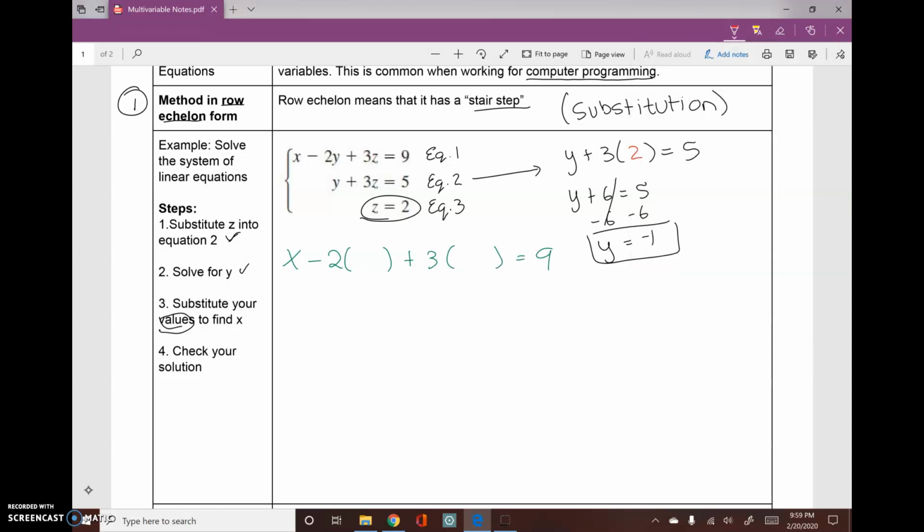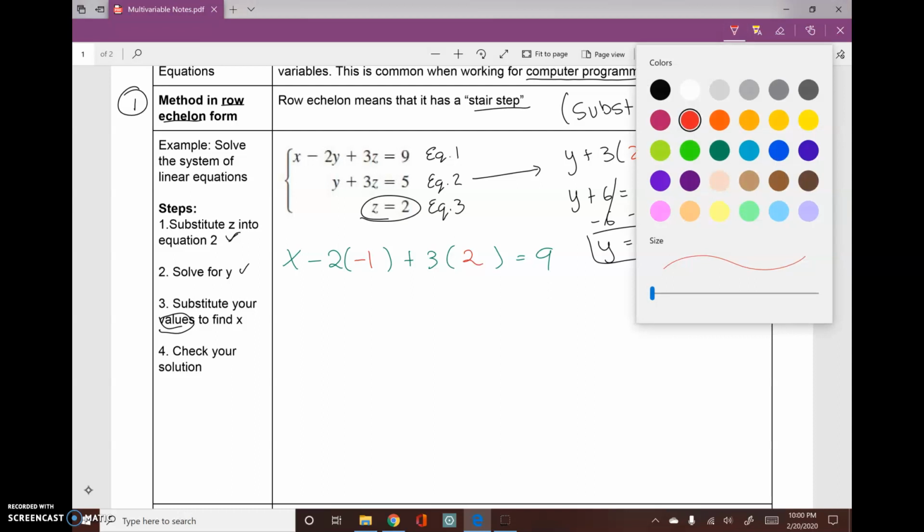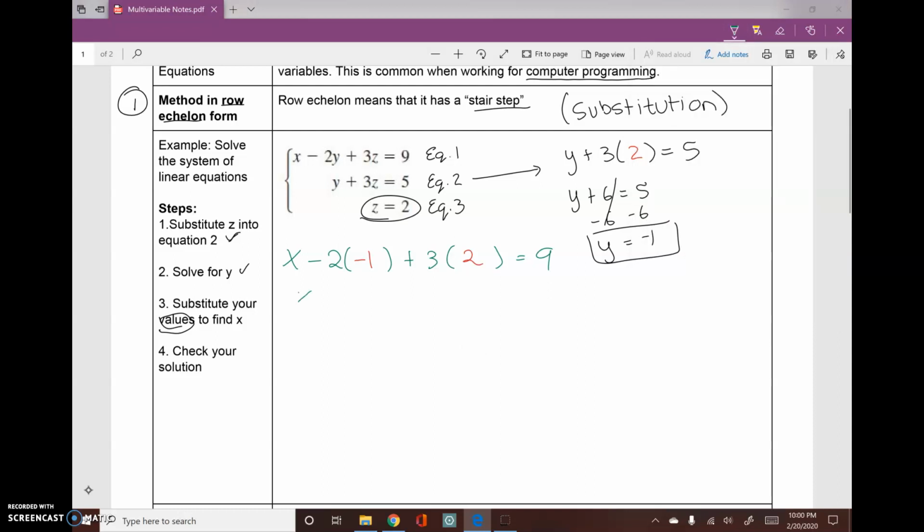In there I'm plugging in y, which is negative 1, and z, which is 2. And then we solve. So then we get x plus 2 plus 6 equals 9. X plus 8 is equal to 9. Subtract 8, subtract 8. X is equal to 1.